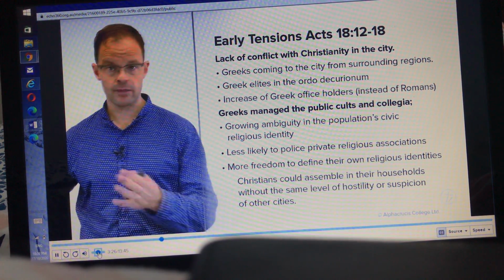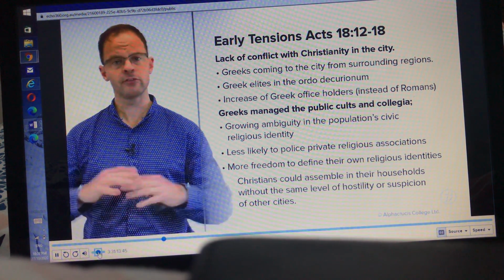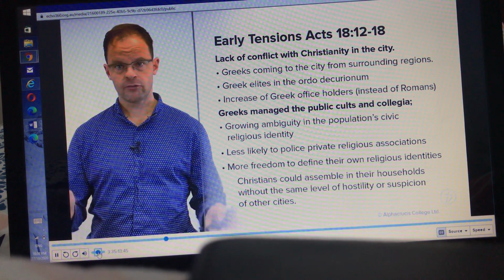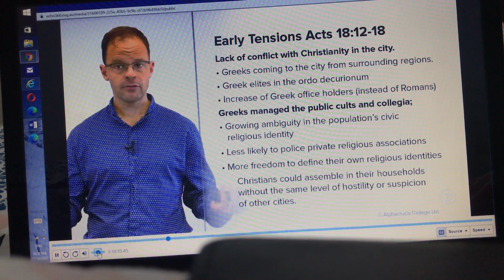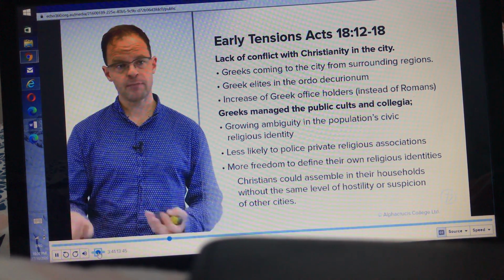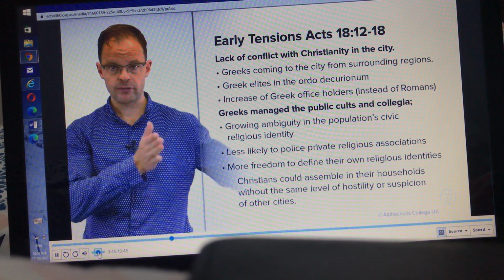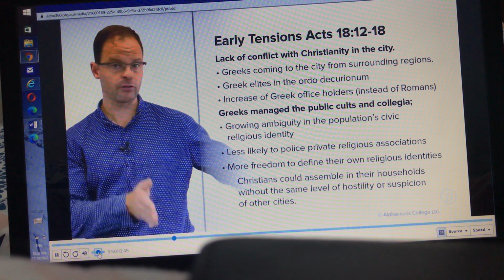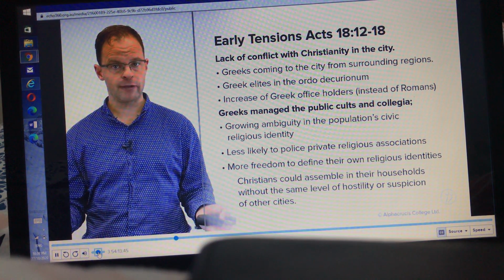Before people were even there, the gods of those cities were there beforehand. And so you've got these long-established cultures. Corinth is a brand new city. It's got brand new people who are of a sort of multi-identity, and all of its traditions really have been destroyed by the Romans because it had been desolate for 100 years. There had been a significant cut-off from the older Greek Corinth to the new Roman Corinth. So in every way, it's starting from scratch.